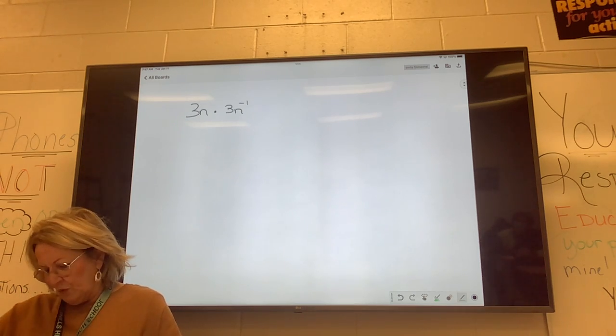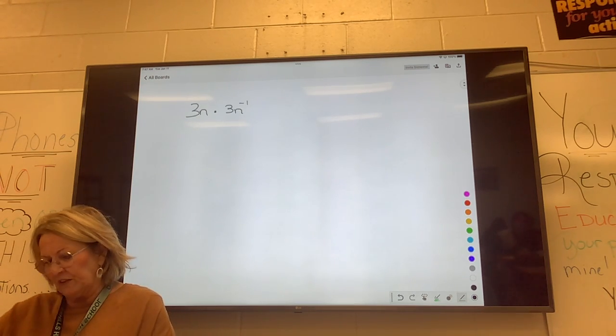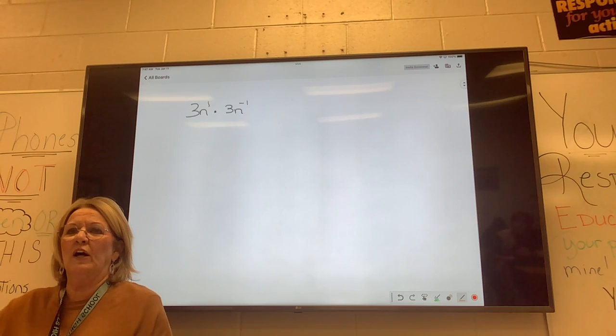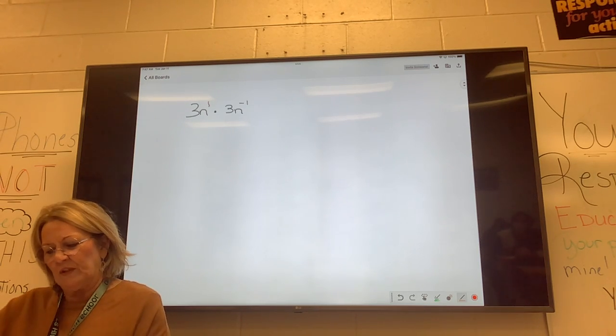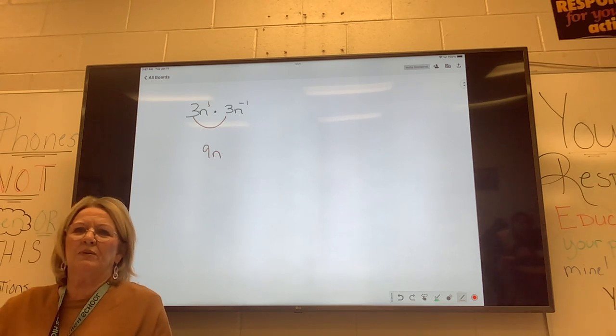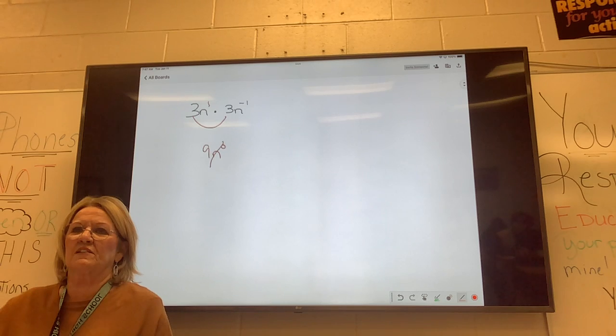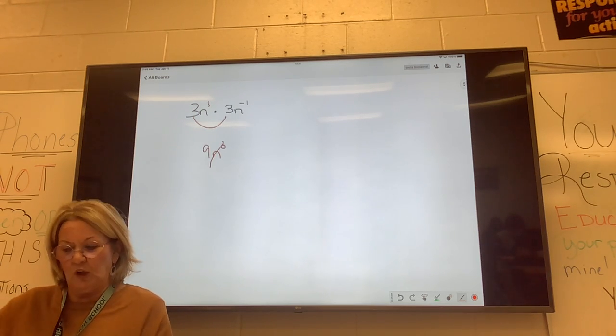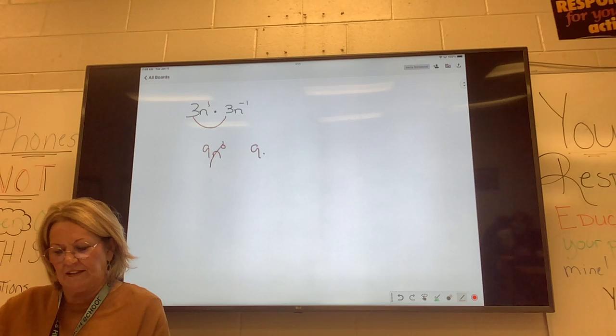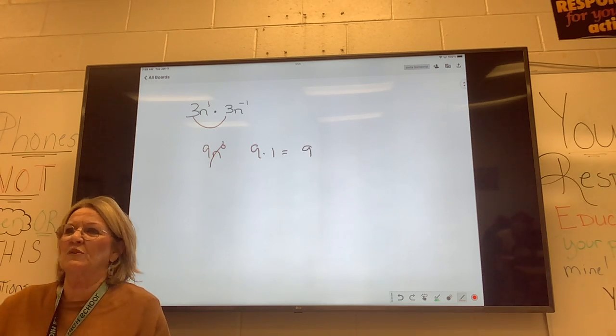Add them. What is the exponent with the first one on the left? 1. So I have 3 times 3 is 9. N to the, what's 1 plus a negative 1? 0. Anything to the 0 power cancels out. Does that make sense? Because anything to the 0 power is 1, and it's all multiplication, and 9 times 1 is still 9. So we just cancel it out.